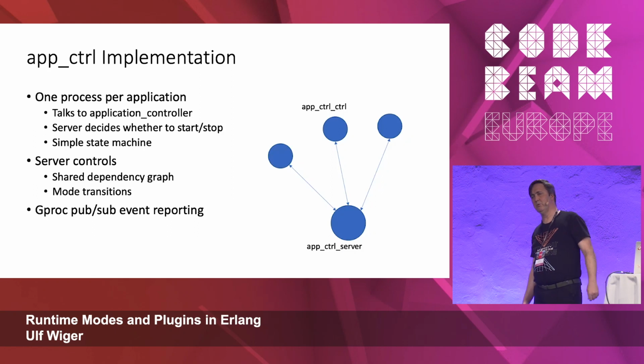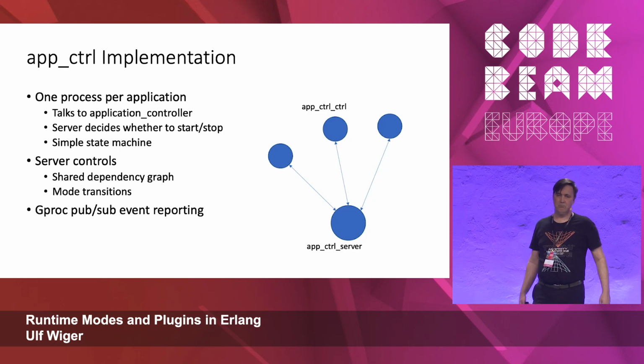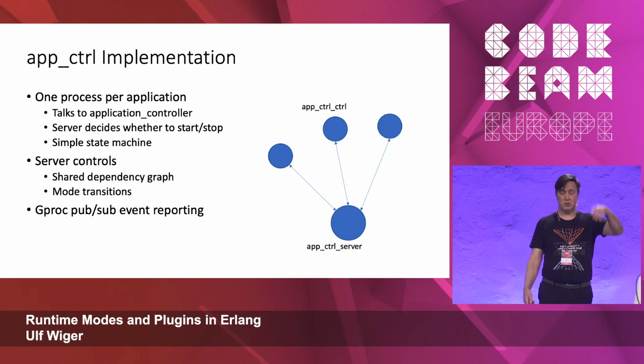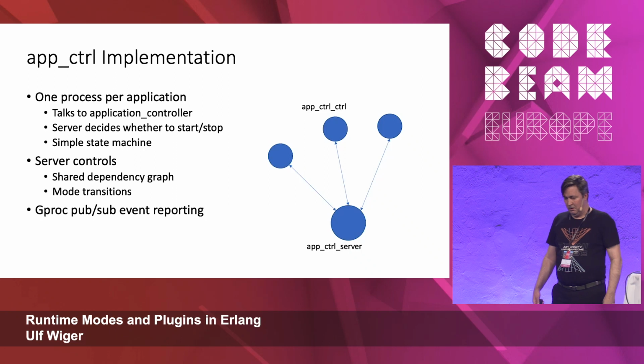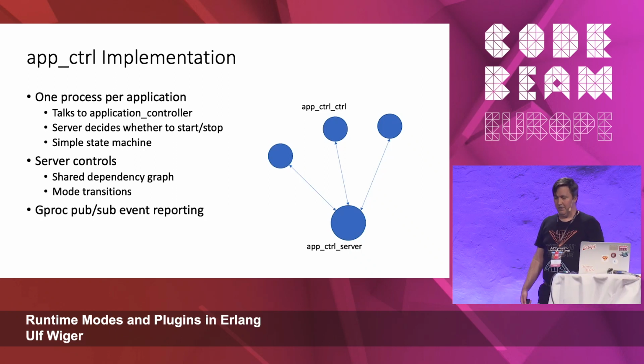The application controller will say, okay, can I start gproc? After talking to the application control server, asking whether it is okay to start this application, it looks up in the mode configuration and says, yeah, sure. And then the application is started. So fairly simple.